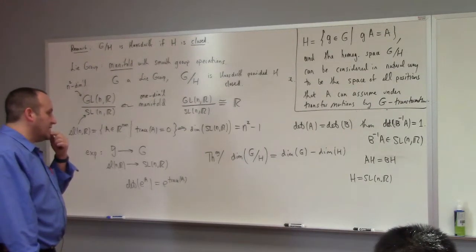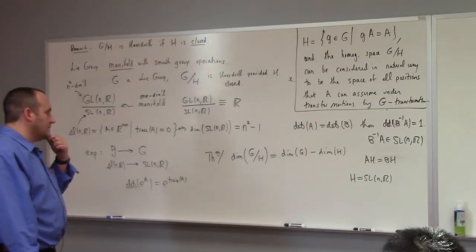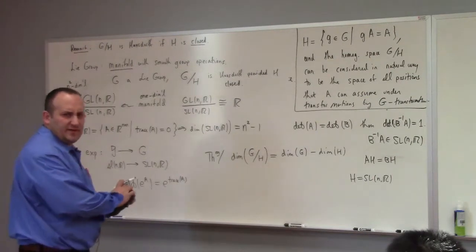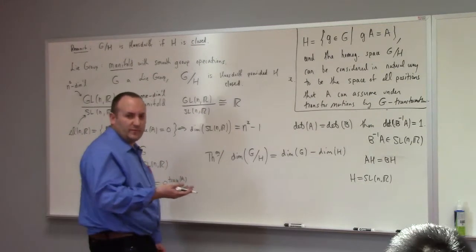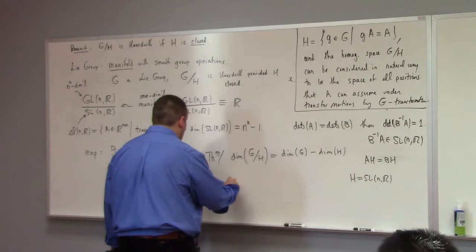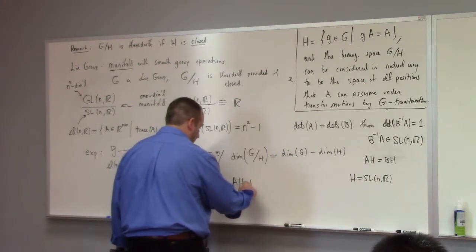The coset is isomorphic to R, I suppose. I think the homeomorphism here is just, AH maps to what?